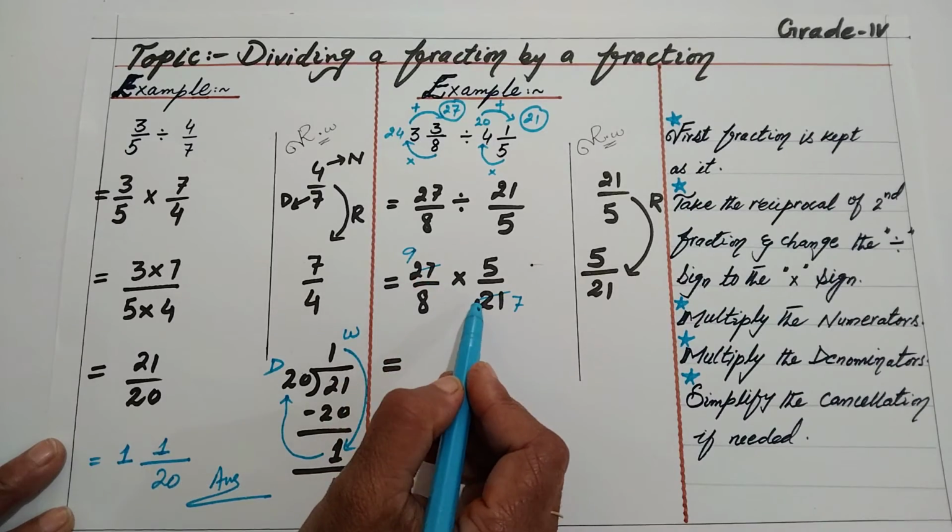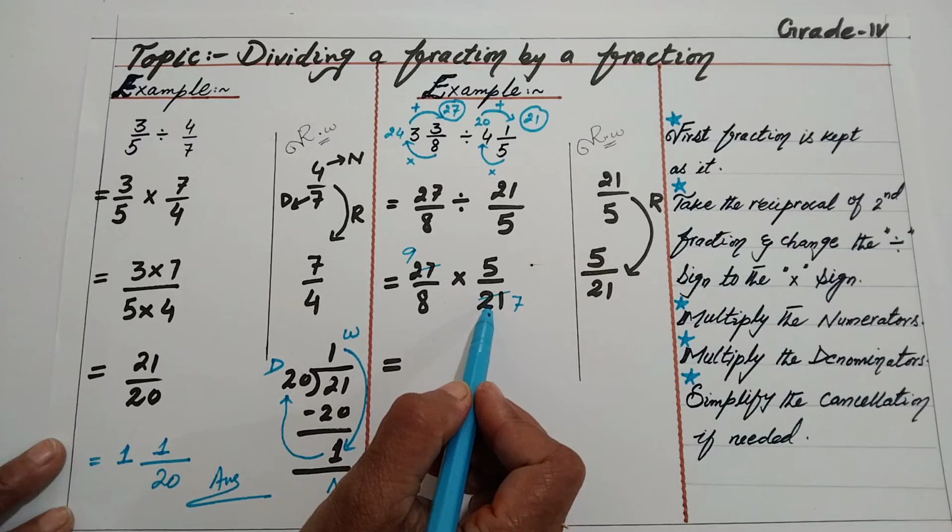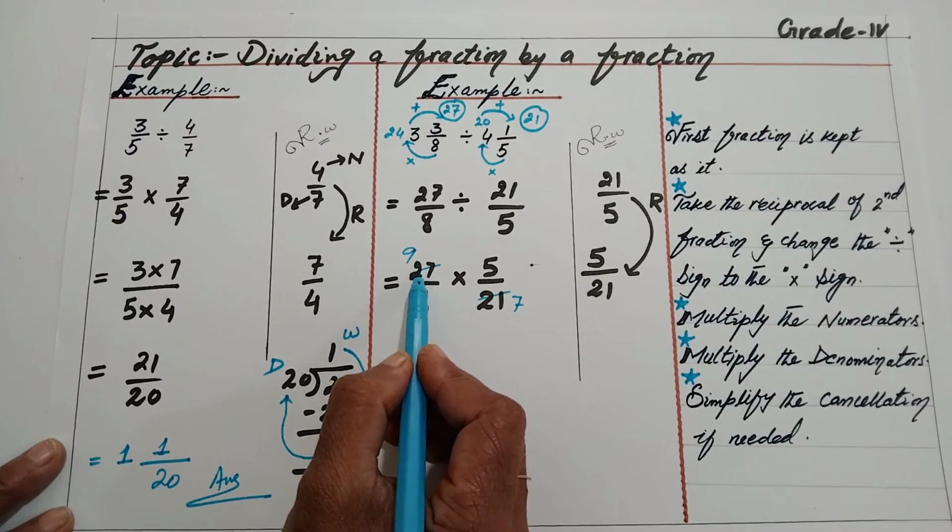Clear? So we will divide 21 and 27 by 3. 3 sevens are 21 and 3 nines are 27.